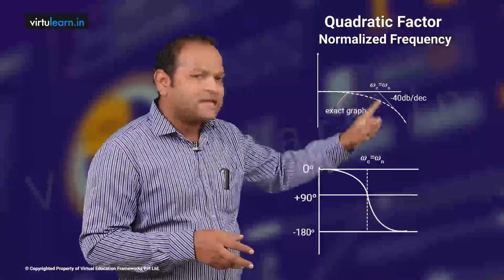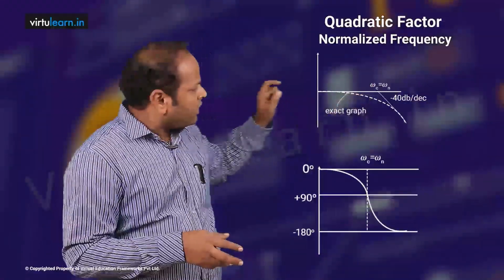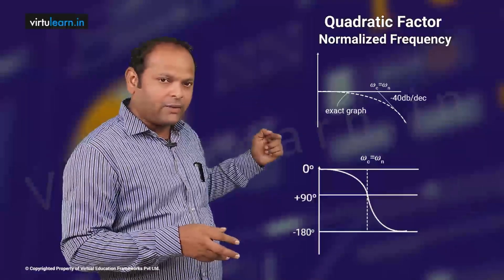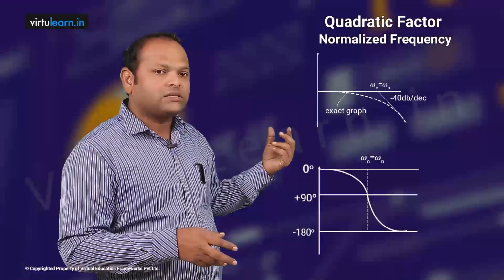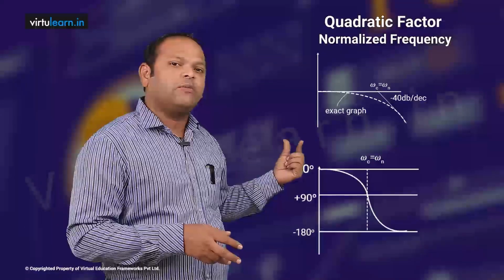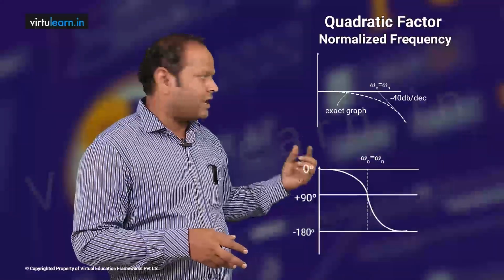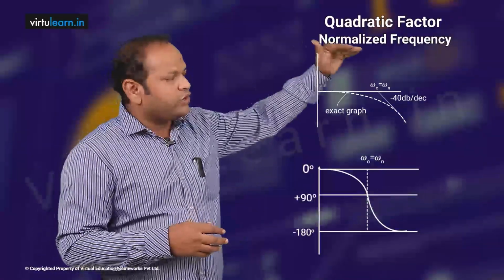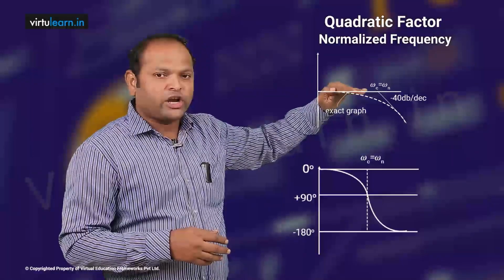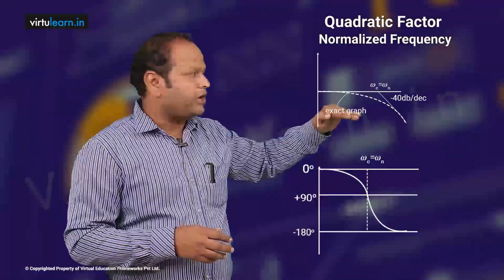The result will be plus n times 20. Now, K by s power n, the denominator is minus, there are n s terms, and for each s term there will be 20 dB per decade. Therefore, the result is minus n times 20 dB per decade. So: 0 dB per decade, plus n 20 dB per decade, minus n 20 dB per decade.